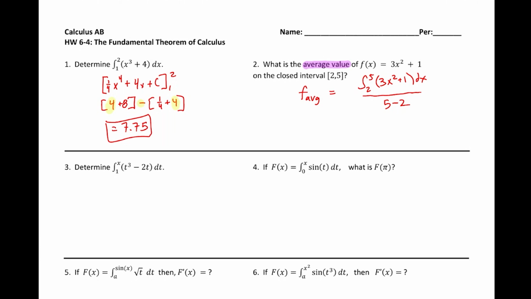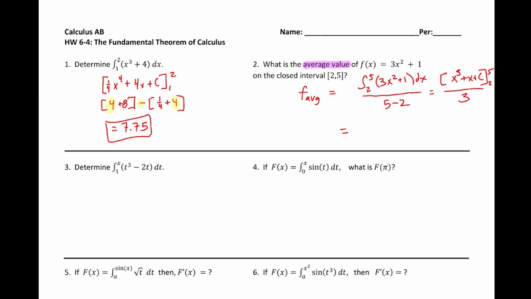So let's go ahead and evaluate that antiderivative from the numerator. So that's going to be x cubed plus x plus c from 2 to 5 all over 3.